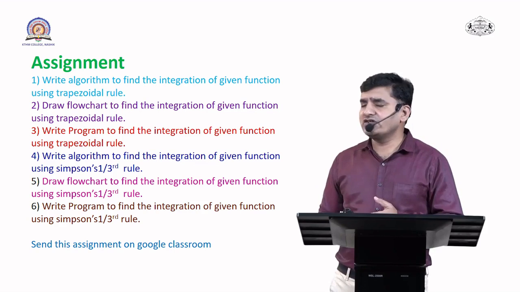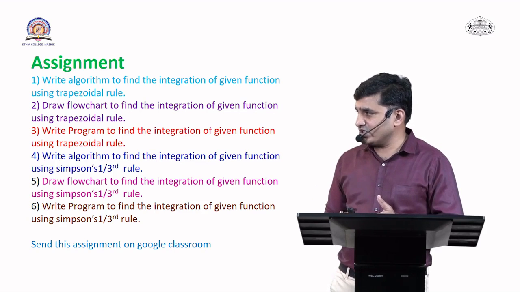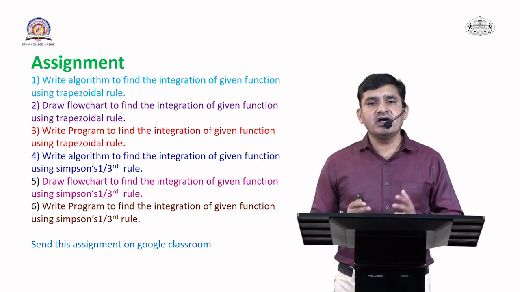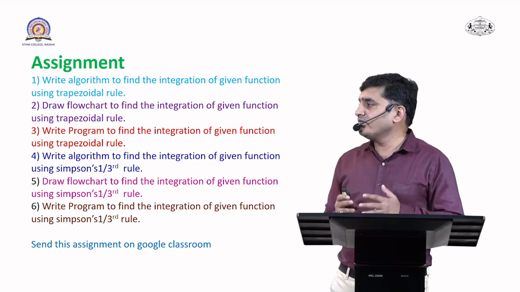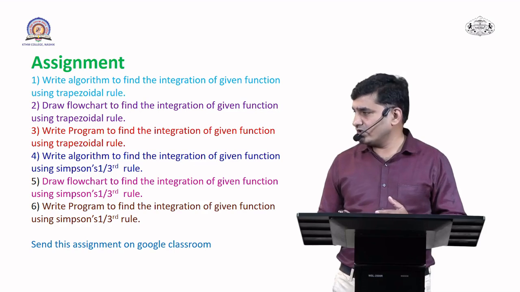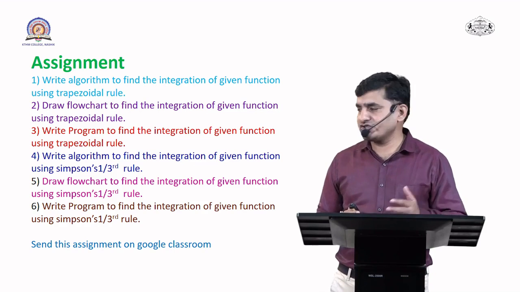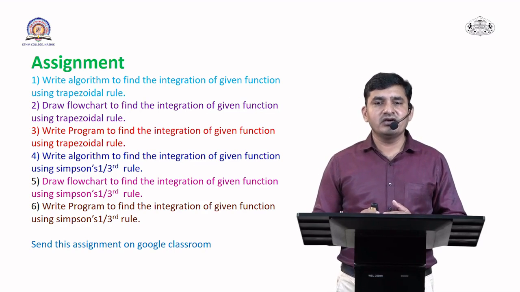Fifth question, draw a flowchart to find the integration of a given function by using Simpson one-third rule. And the last question is to write a program to find the integration of a given function by using Simpson one-third rule. Write the answers to all these questions and send this assignment on Google Classroom.